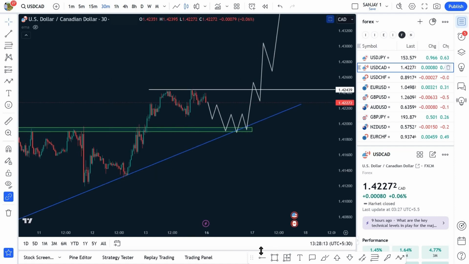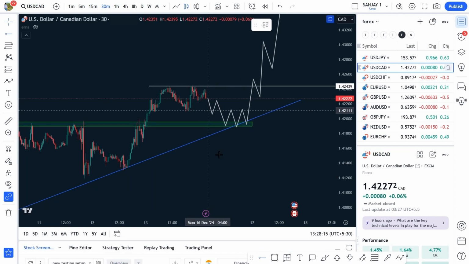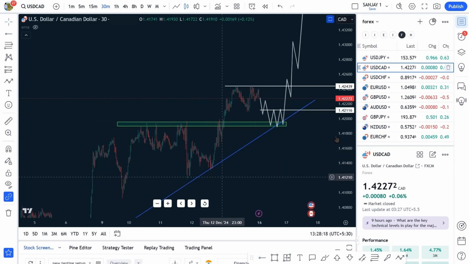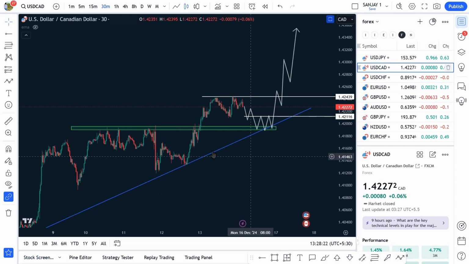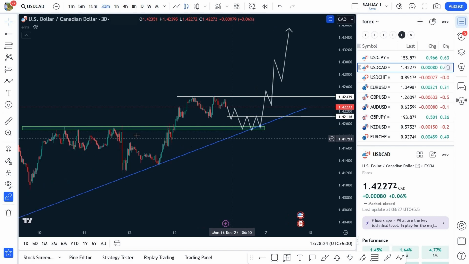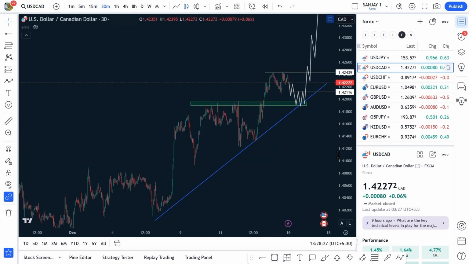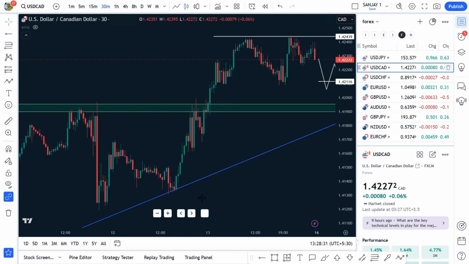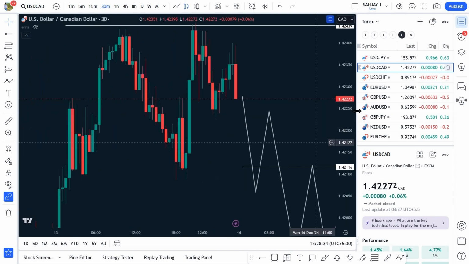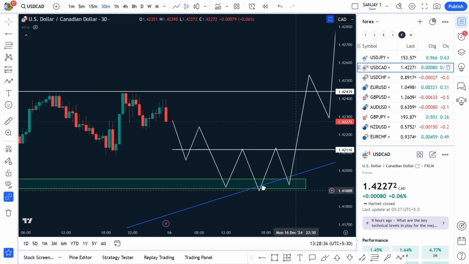If it does not, then I have a second plan ready based on a reversal of these swing levels. This support zone will be acting as a demand zone. So this can be a very good trading plan. I have planned each and every scenario.